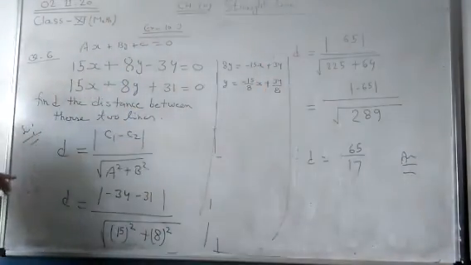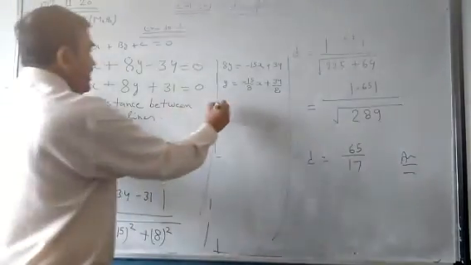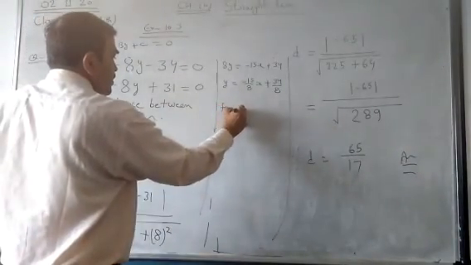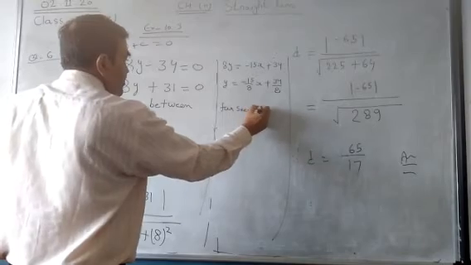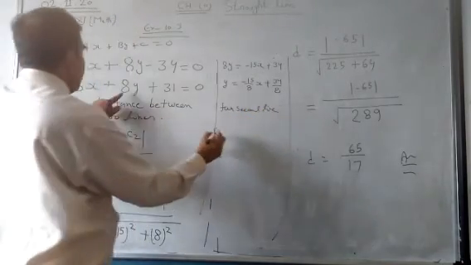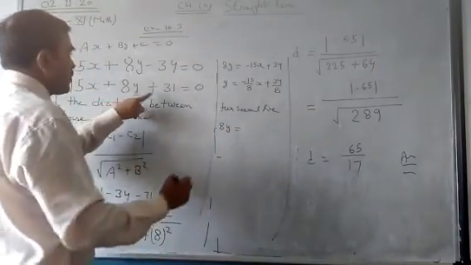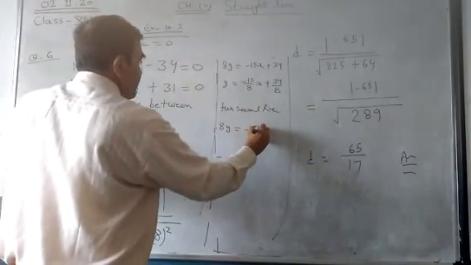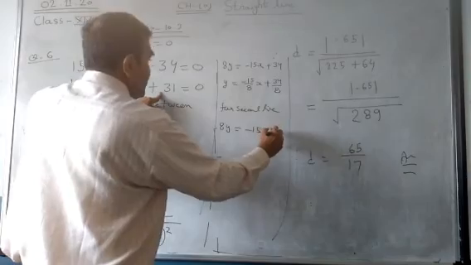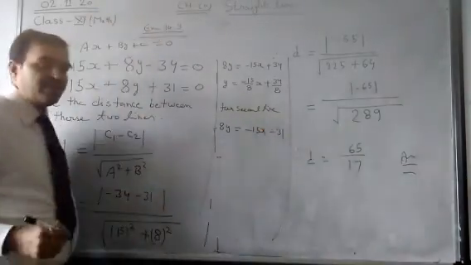This is the equation of the first line, and similarly for the second line, 8y equals minus 15x minus 31.